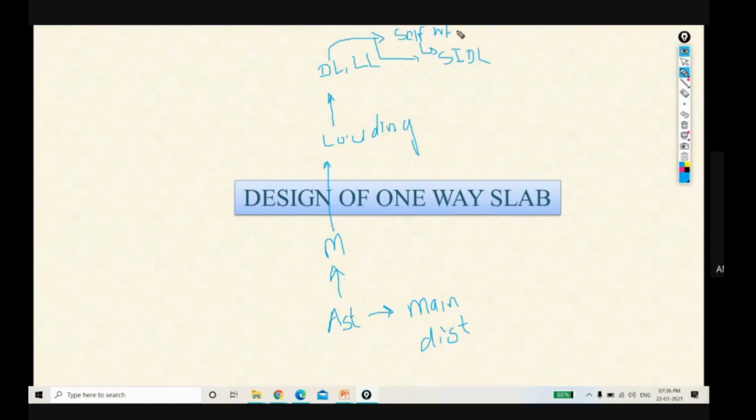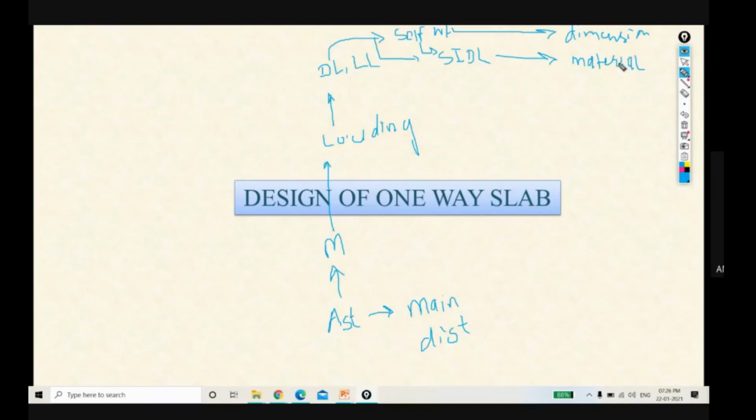This self-weight depends on the dimension, correct? And that SDL, additional dead load, totally depends on the material which we are providing on the floor.